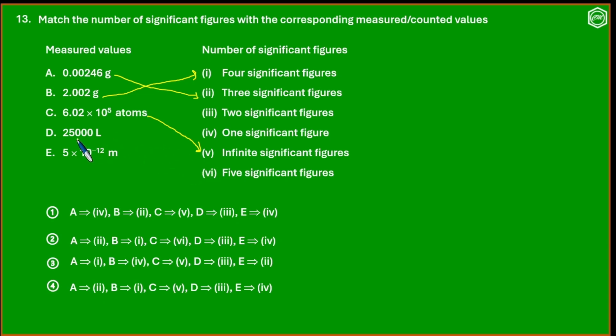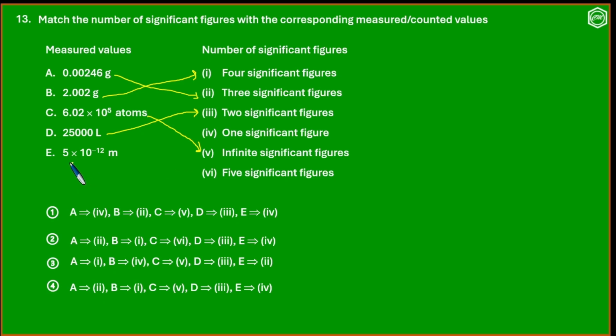Then 25,000 liter. And these three zeros are not significant. So therefore the number of significant figures will be 2. So we connect D to 3.